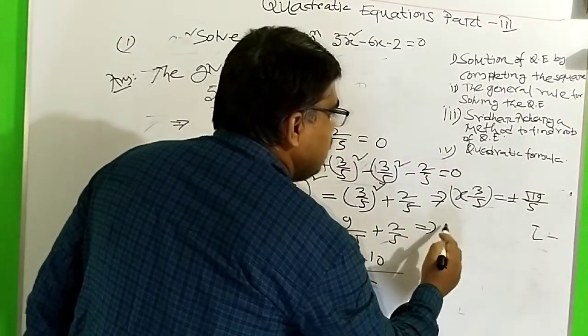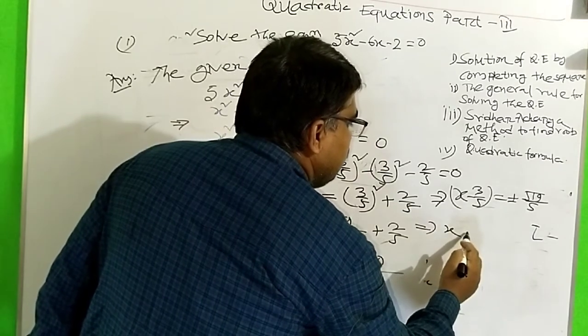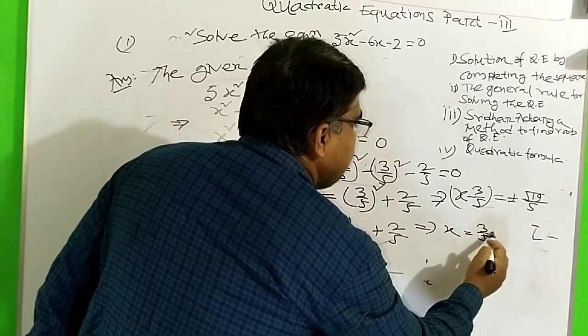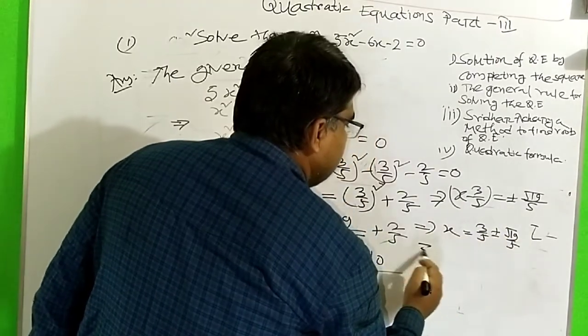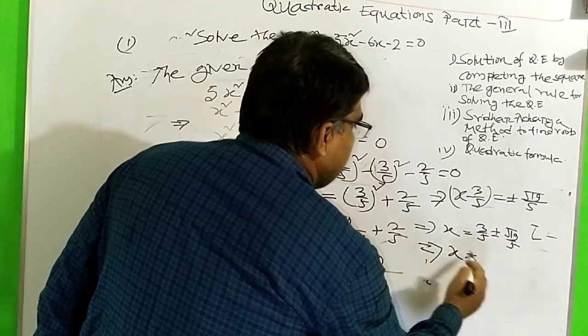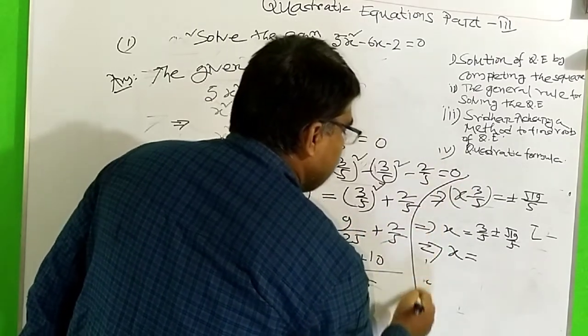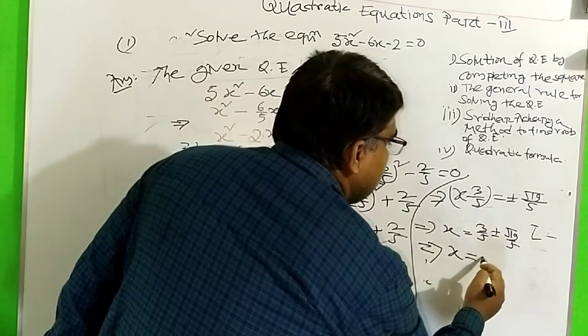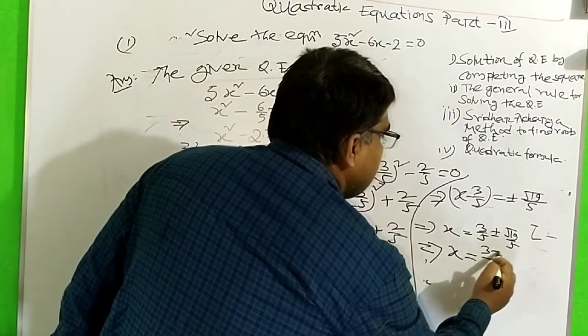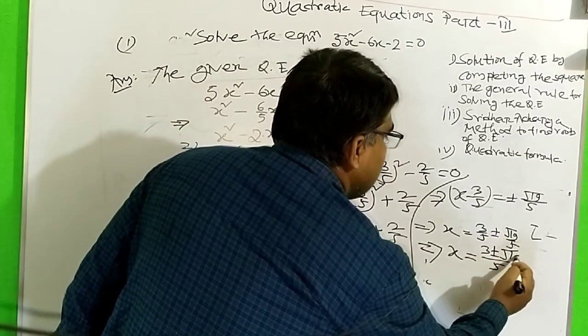This implies x equal to 3 by 5 plus minus root over 19 by 5. This implies x equal to, LCM 5, 3 plus minus root over 19 by 5.